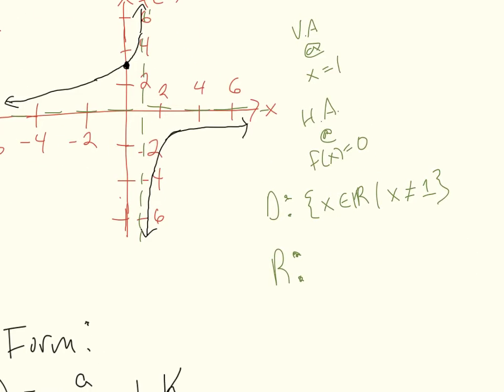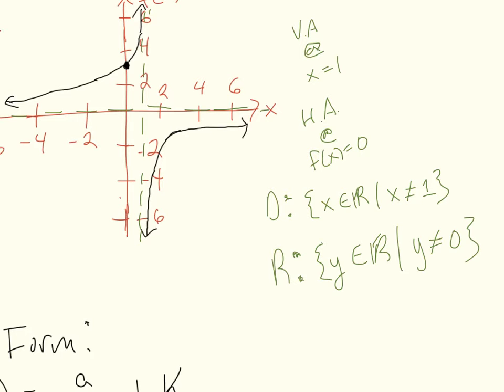So here I can say that y, our y values, or our f of x values, are also in the element of R, such that y cannot be equal to, this time, 0. That's where our horizontal asymptote occurs.